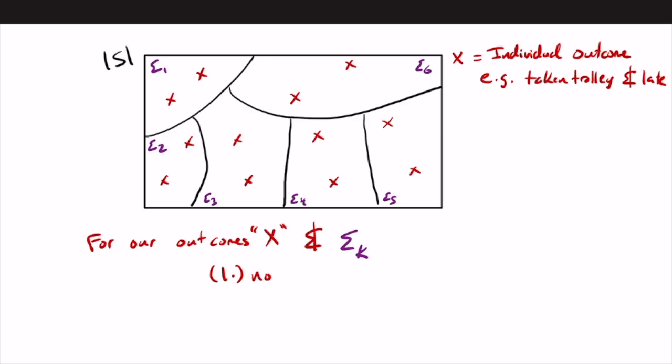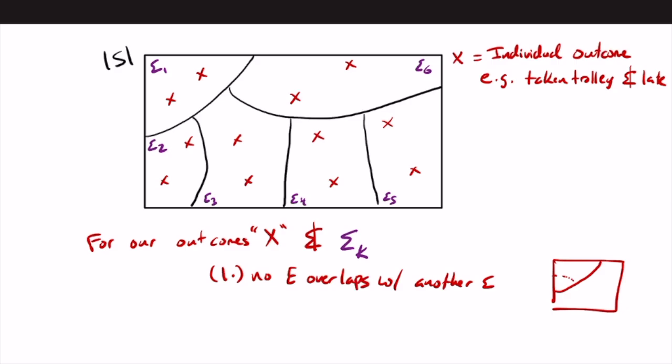In red, we have 2 outcomes, so no E overlaps with another E. So we don't have anything where we have something like this, where this is like E1, E2, and E3, where E3 overlaps with E2 right here.